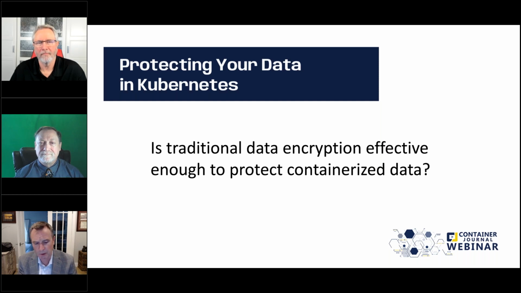Another thing a lot of people don't realize is that once you're done with data, that persistent volume that was created for that container and the app to touch it doesn't go away. It's still there. So you've used it and it's still floating out there. So how do you protect that? You have to encrypt it and keep the key on the side. Finally, you can encrypt it, throw away the key, and then yeah, it's gone forever. But a lot of folks just let them float there.